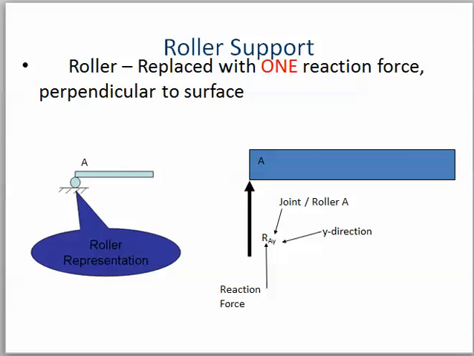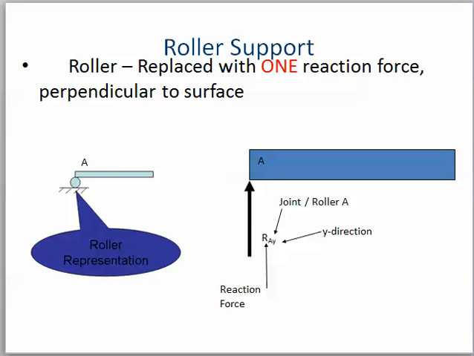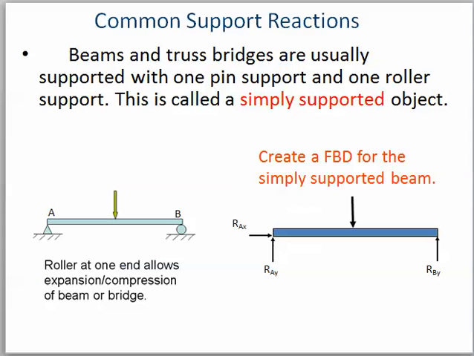With the pin, there's a force that could be going to the left as well, holding it in place and not allowing it to move left or right. Again, the roller would be used in big bridges so that it can move with the heat, contraction, and expansion of the parts of the bridge.